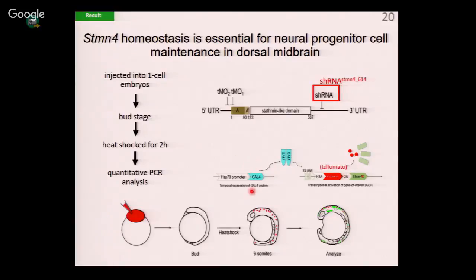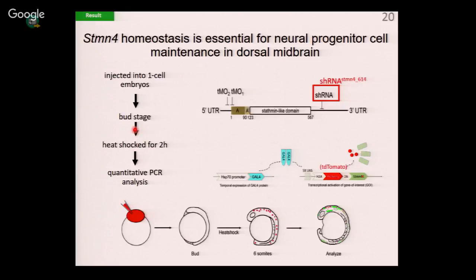One vector contained the HSP70 promoter and the GAL4 gene. Another vector contained the UAS element, the tdTomato and the stem 4 shRNA, which will target a 614 site at the 3' UTR of tdTomato, and they injected both vectors into the one cell stage.